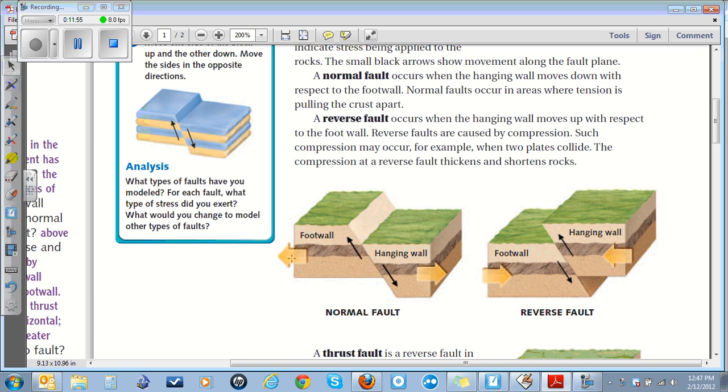A reverse fault occurs when the hanging wall moves up with respect to the footwall. Reverse faults are caused by compression, as indicated by the arrows. Such compression may occur, for example, when two plates collide. The compression at a reverse fault thickens and shortens the rock.